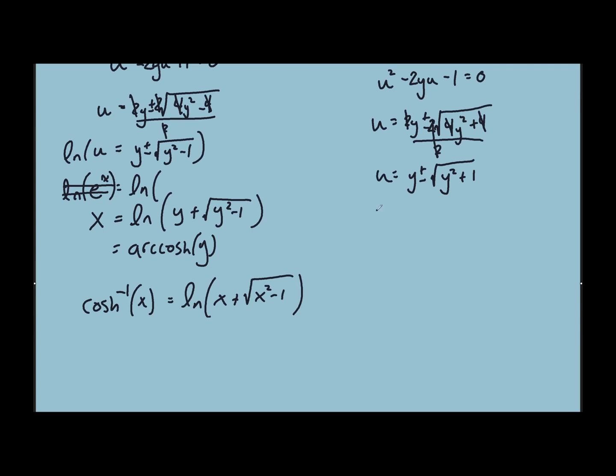And of course, we know that u is equal to e to the x, right? And so to get x, we need to take a natural log of this whole thing. And we'll say x equals the natural log of y plus, and again, the minus doesn't work for the domain.